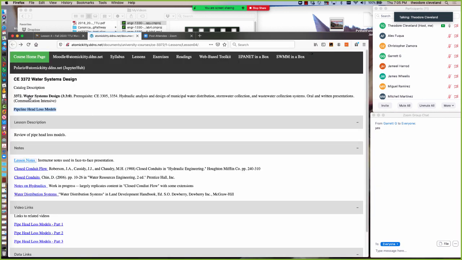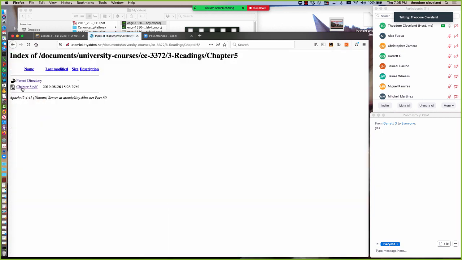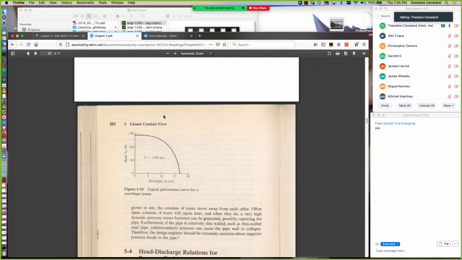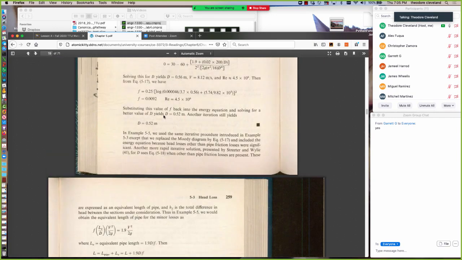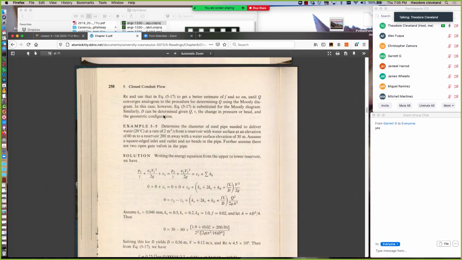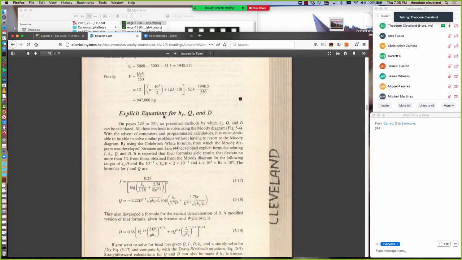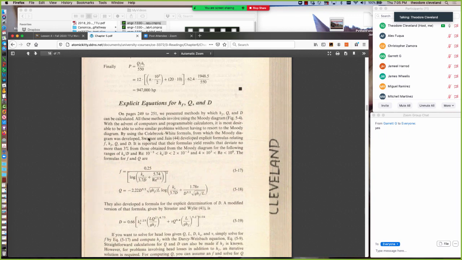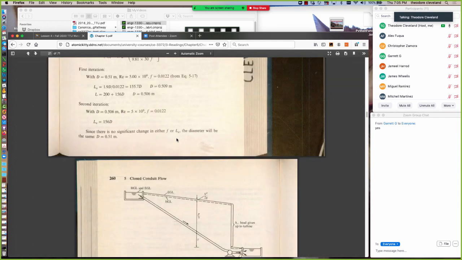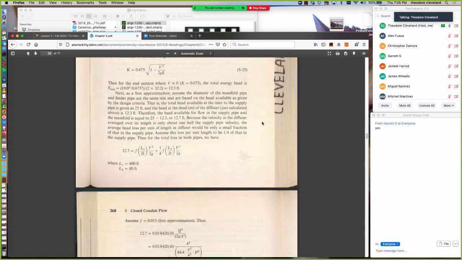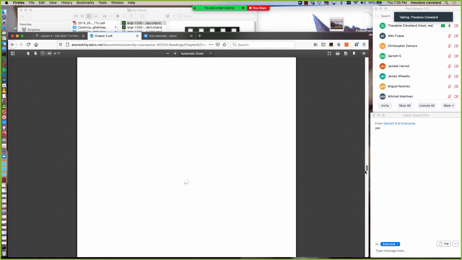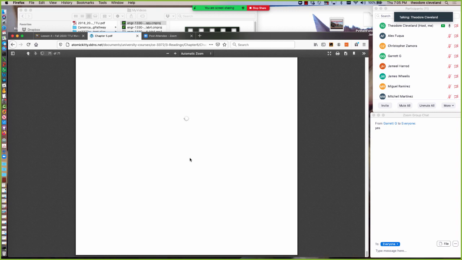And if we return to Robertson and Cassidy, they are called the explicit equations. And they're attributed to Swamee and Jain. And Jain was the professor, Swamee was the graduate student who did the work, so naturally they're called the Jain equations and not named after the fellow that actually did the work.